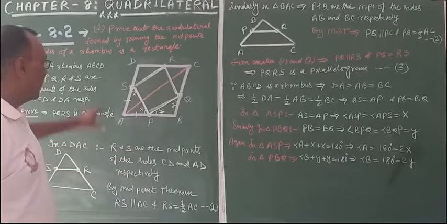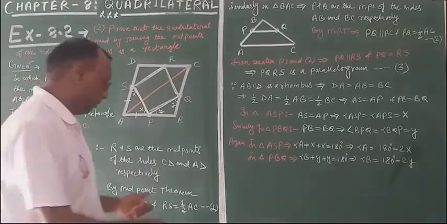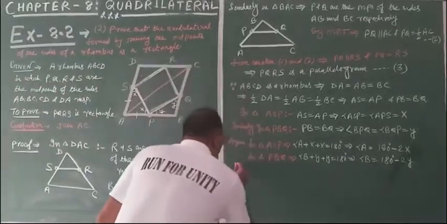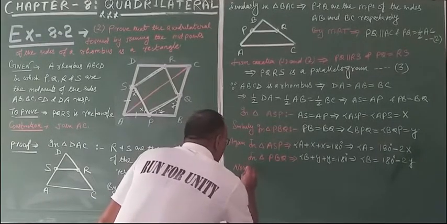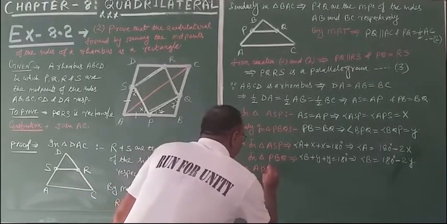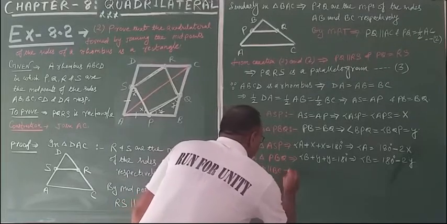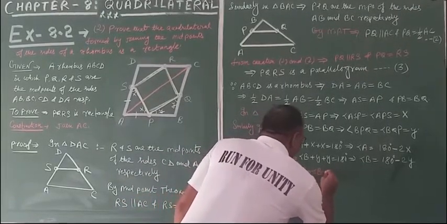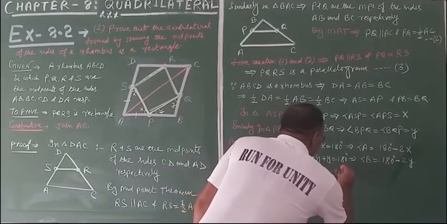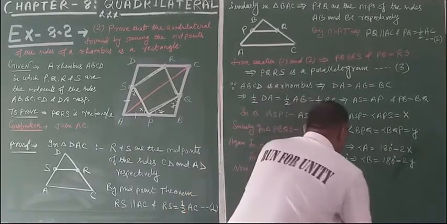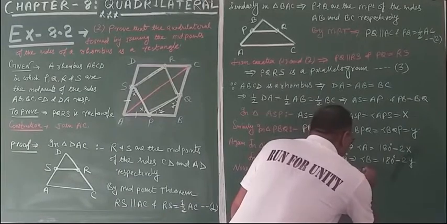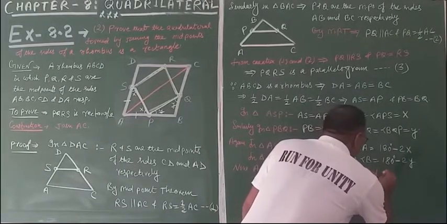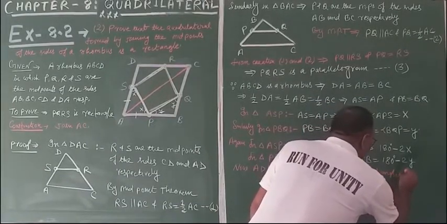Now, since line AD is parallel to BC, angle A plus angle B, their sum will be 180 because they are co-interior angles, or allied angles.